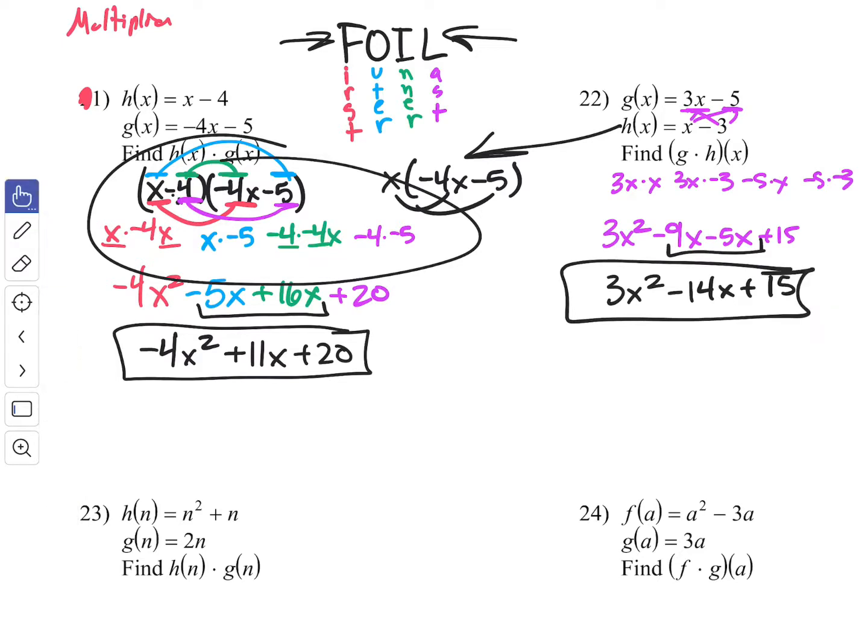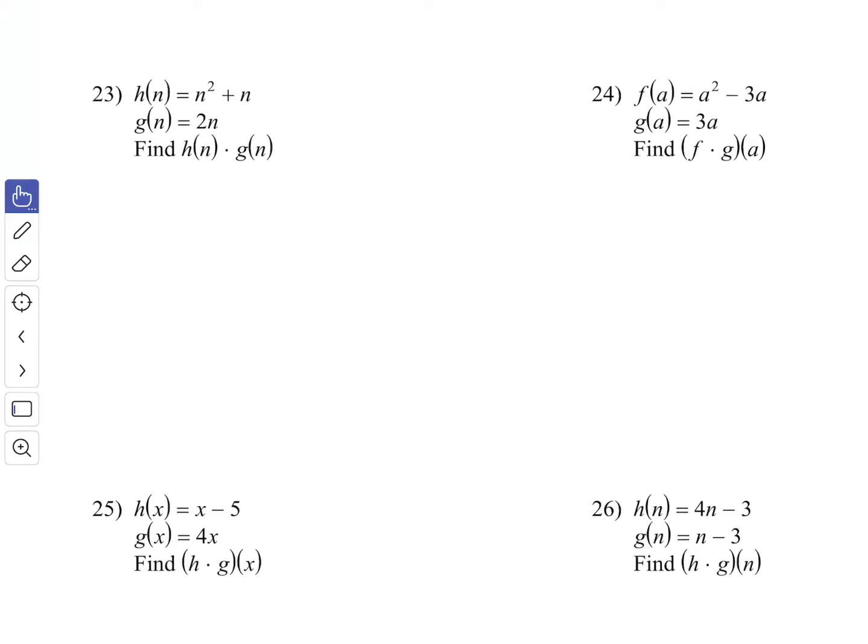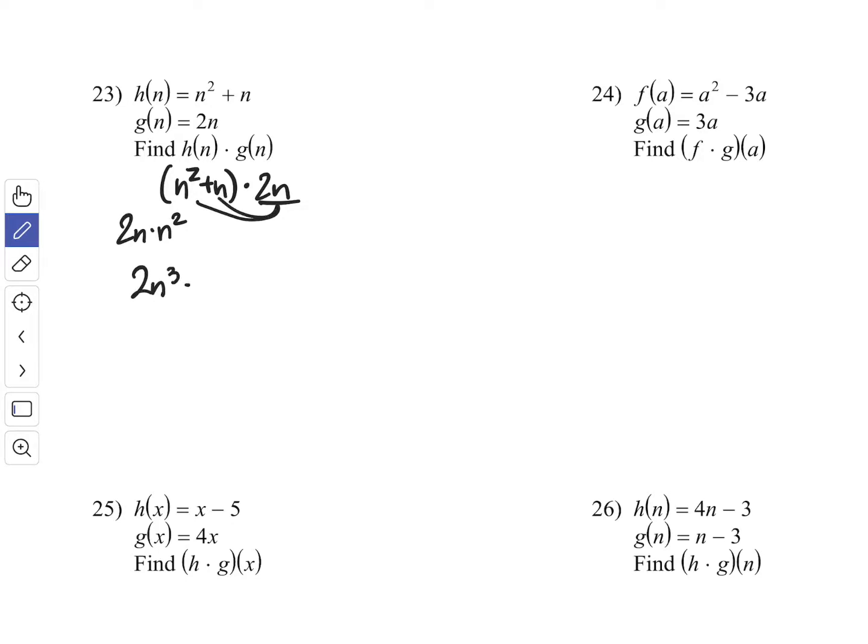So when you're dealing with ones like that, where you have two binomials, you would want to use FOIL. If you have something different like 23 and 24 and 25, it makes it a little easier, doesn't it? Because now you're just going n squared plus n, h of n times g of n, which is 2n. So here I just distribute. 2n times n squared is 2n cubed, and 2n times n is 2n squared, right?